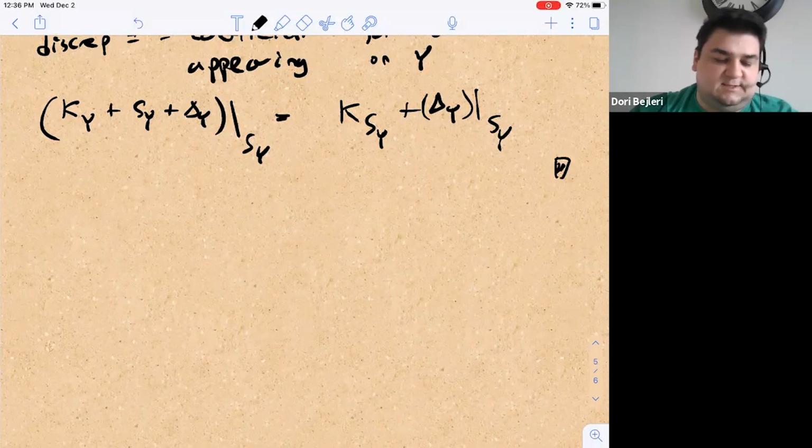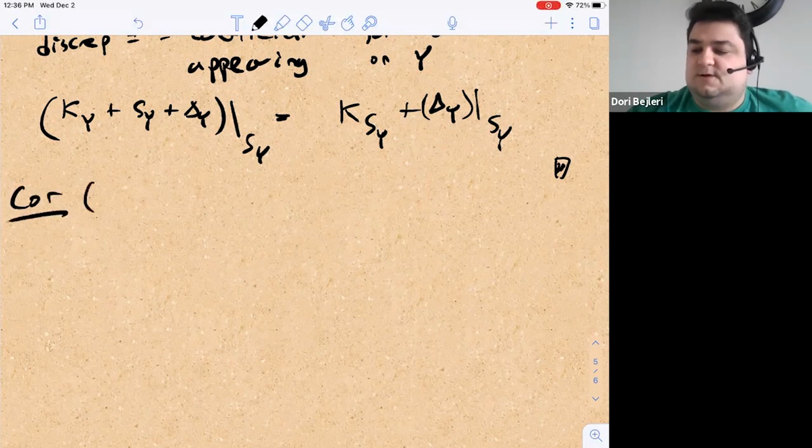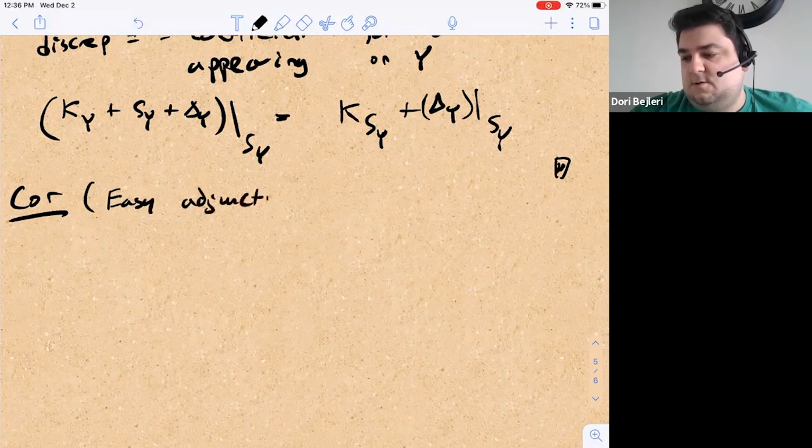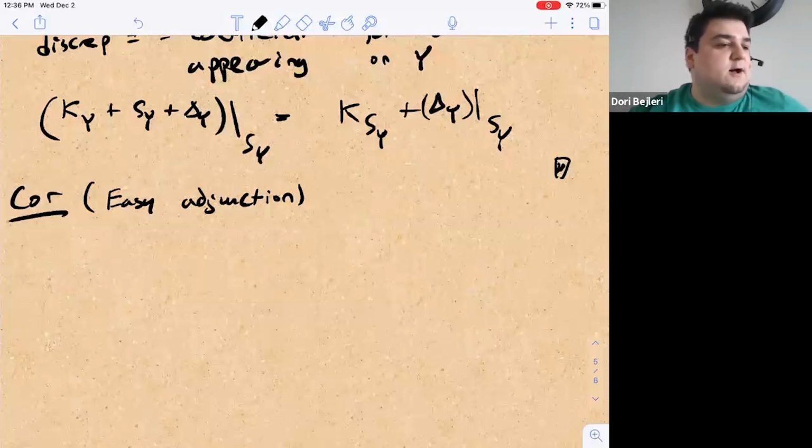So the point is that this gives us the easy but useful version of adjunction. Sometimes it's called easy adjunction. It's easy in the sense that the other direction's very hard.